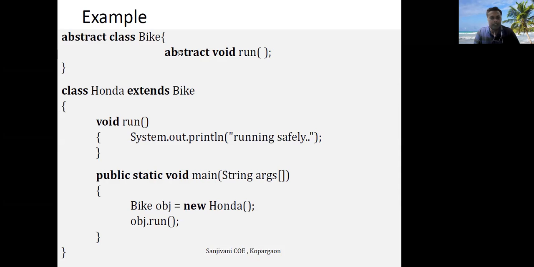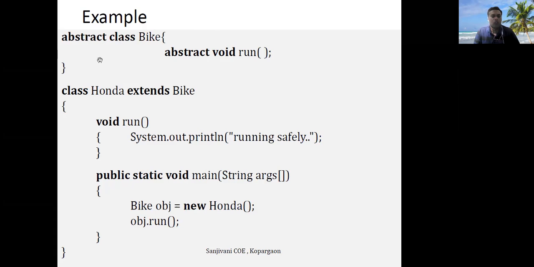We have to write the implementation inside the class which extends the superclass. That is, the class Honda will extend the bike class, so whatever abstract methods are defined inside the bike class, all those methods are implemented inside the Honda class.